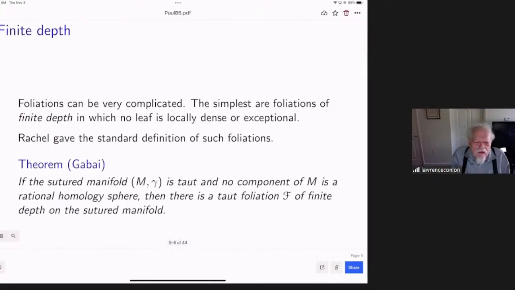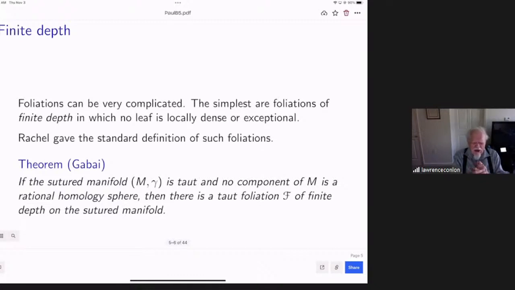Now, foliations can be very complicated, and the simplest are those of finite depth, which Rachel told us about. No leaf is locally dense or exceptional, and Rachel gave the standard definition of finite depth foliations, so I won't go through it again. The theorem of Gabai that interests me is that if a sutured manifold is taut, I believe Rachel defined that.